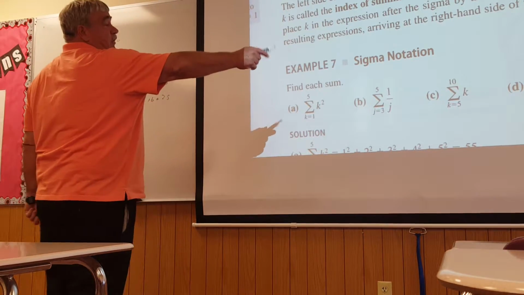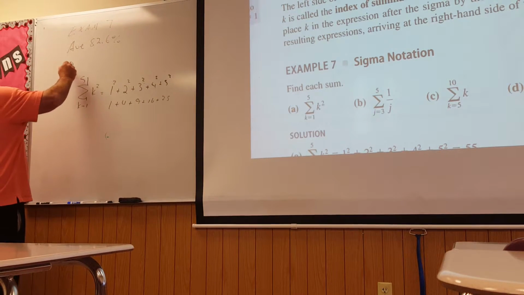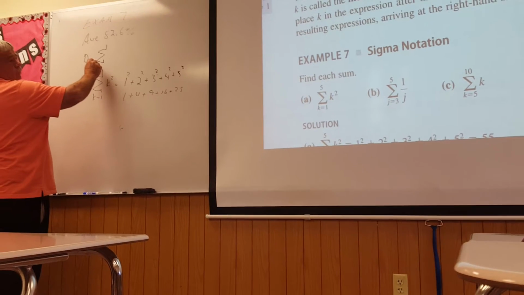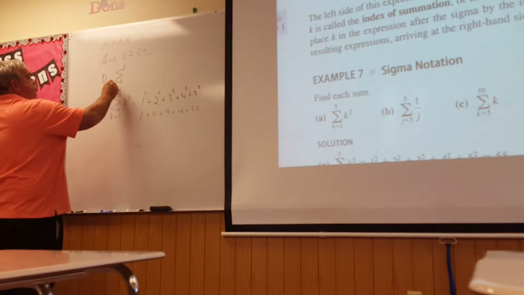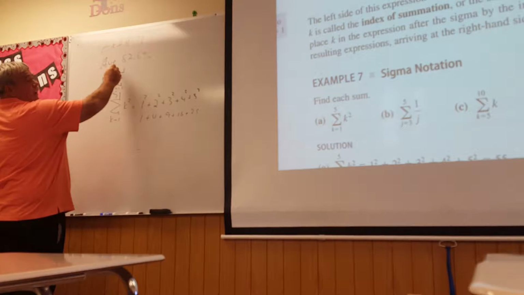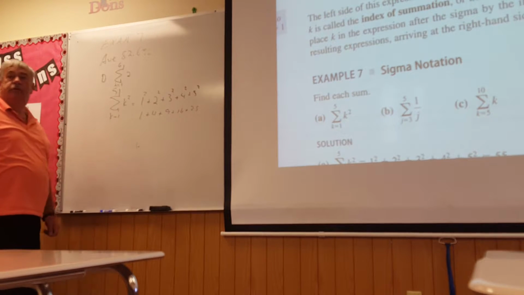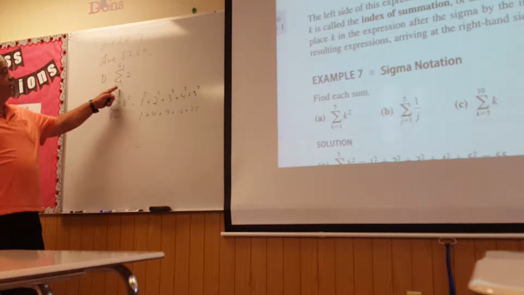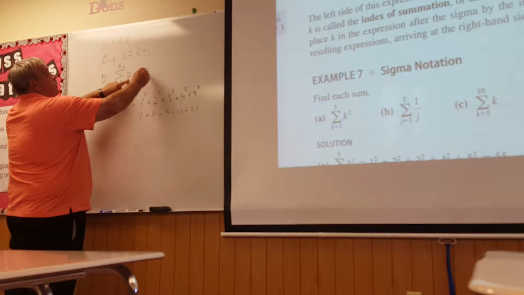Now, on letter D, they try to trick you. Look at that letter D. They want the summation from i equals 1 to 6 of 2. All right? When i equals 1, it's 2.